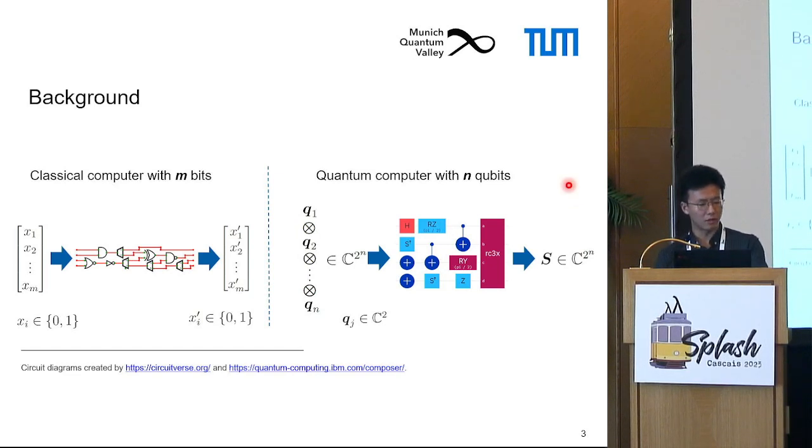You can see from here how challenging it is to simulate a quantum computer on a classical computer, because even denoting the state of a quantum computer needs an exponential number of costs, let alone performing a computation upon it.